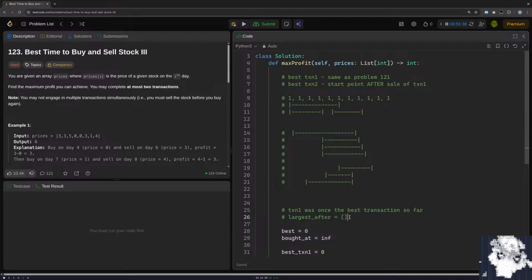I don't think this largest after idea can work either. Because if the thing is now I've generated this left answer and I want to know what's the best right answer.